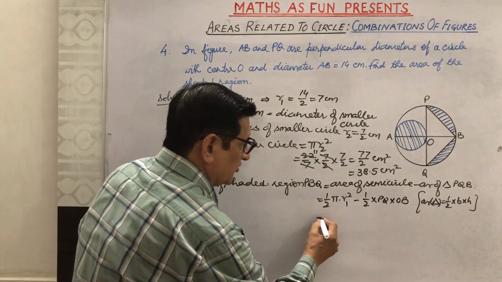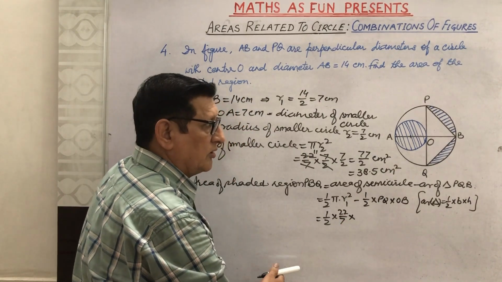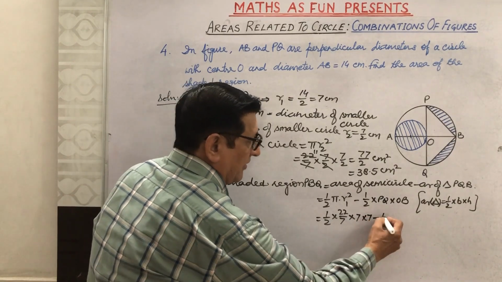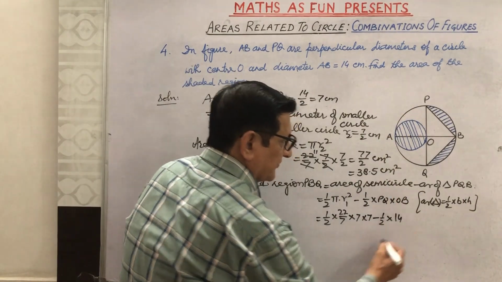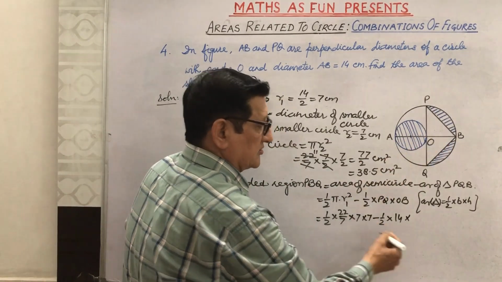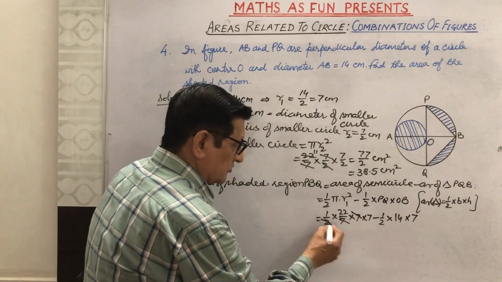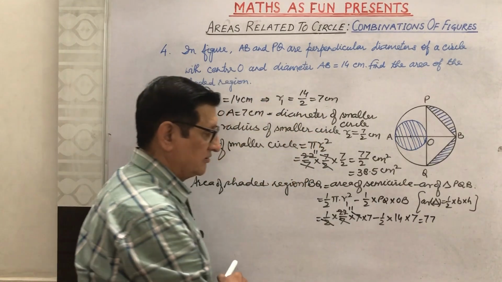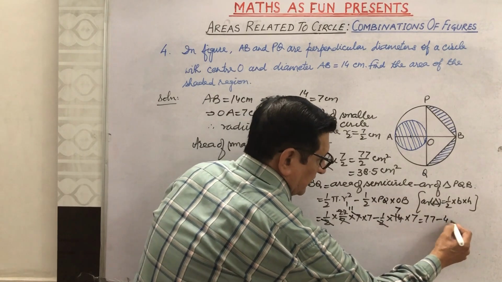If we apply the values here, this is half into 22/7 into r1 is 7 into 7 into 7 minus half into, what is PQ? PQ is 14, that is the diameter of the circle, into OB. OB is the radius, that is 7. 7 cancels 7 here, 2 cancels this 11 times, that is 77. Minus 2 cancels this 7 times and this is 49.